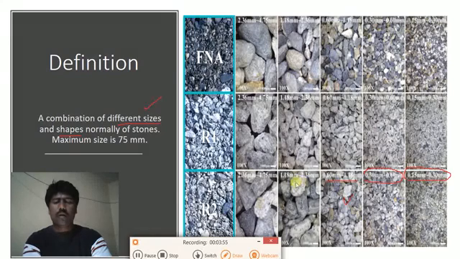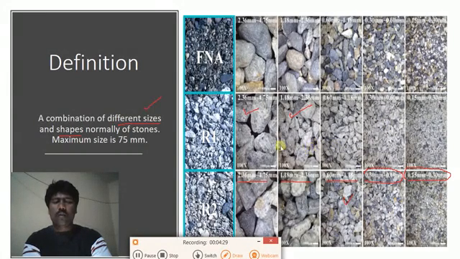And these aggregates are of size 1.18 mm to 2.36 mm. And these aggregates are of size 2.36 to 4.75 mm. Like that, there are so many sizes of aggregates.